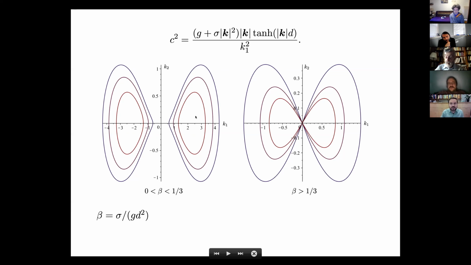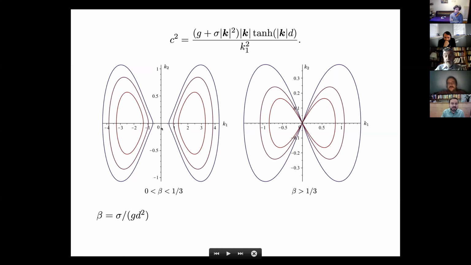Okay, so there are essentially two different cases if you include surface tension. These are distinguished by the size of the bond number, which is a non-dimensional version of the surface tension coefficient. In the case of strong surface tension, all of these level curves connect to the origin, whereas in the case of weak surface tension, they do not.